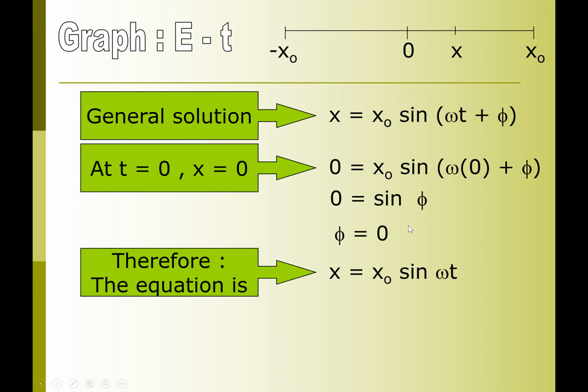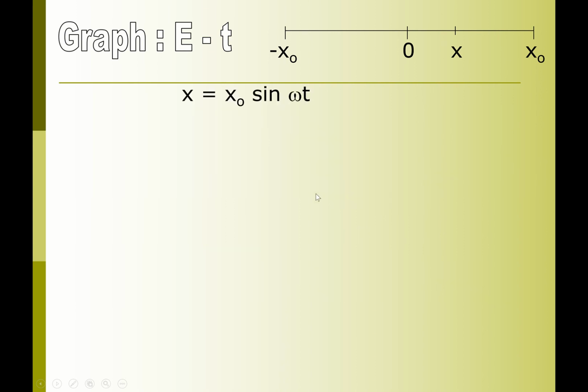So when we substitute phi into here, the equation becomes x equals x naught sine omega t. So the graph of x against time will be a sinusoidal graph. To get v, we differentiate dx by dt.